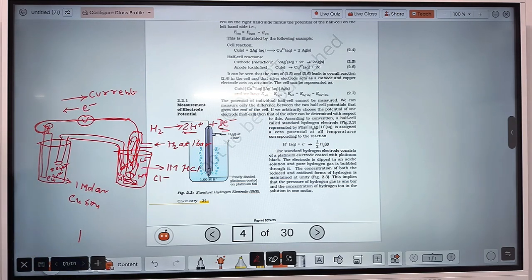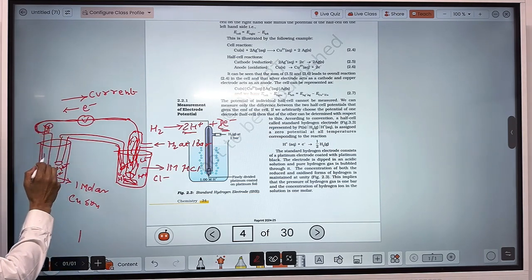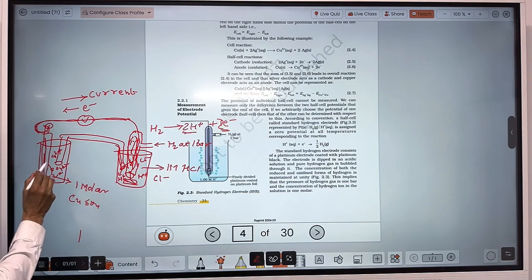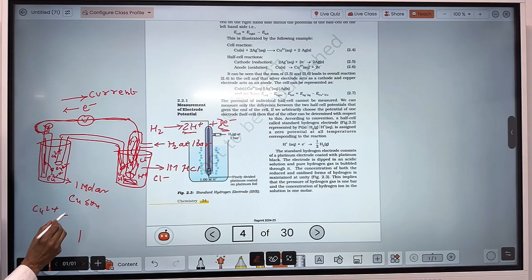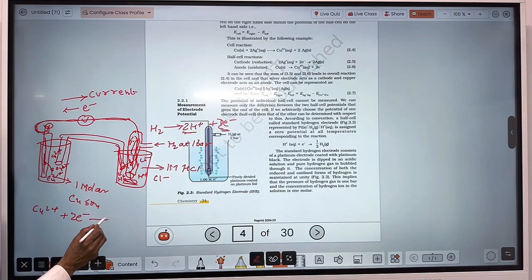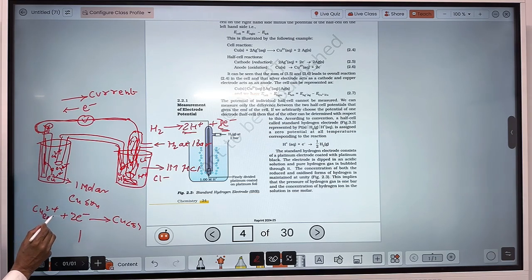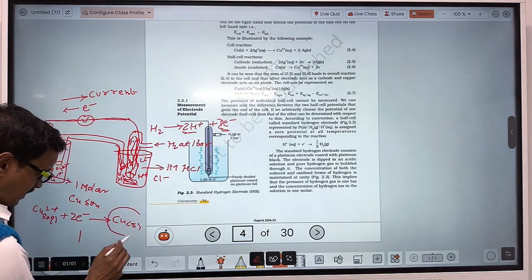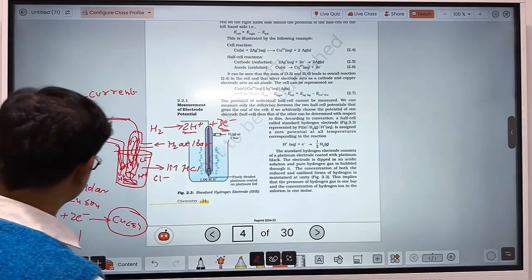And what happened here? When electrons come to the copper rod, the Cu2+ present in the solution gets attracted towards the rod, gains 2 electrons and converts into a copper atom. Cu2+ was initially in the aqueous state, and after gaining electrons it comes into the solid phase.